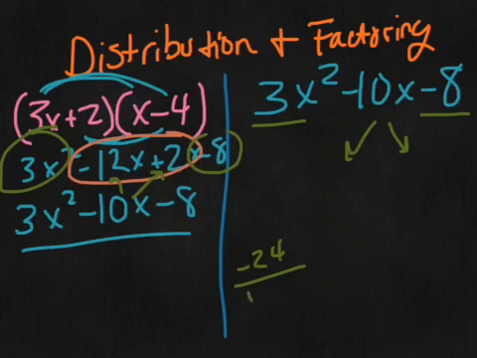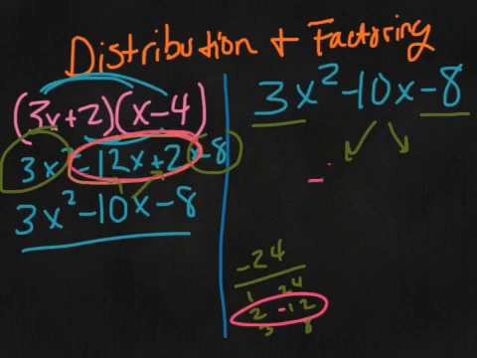So we have 1 and 24, and obviously one of these is going to need to be negative. We could do 2 and 12. We could do 3 and 8. And we're just looking for one of these that we can combine and get negative 10. And that's going to happen right here. If we have negative 12 and positive 2, that's going to be negative 10, which is what we had over here. So I'm going to split this up.